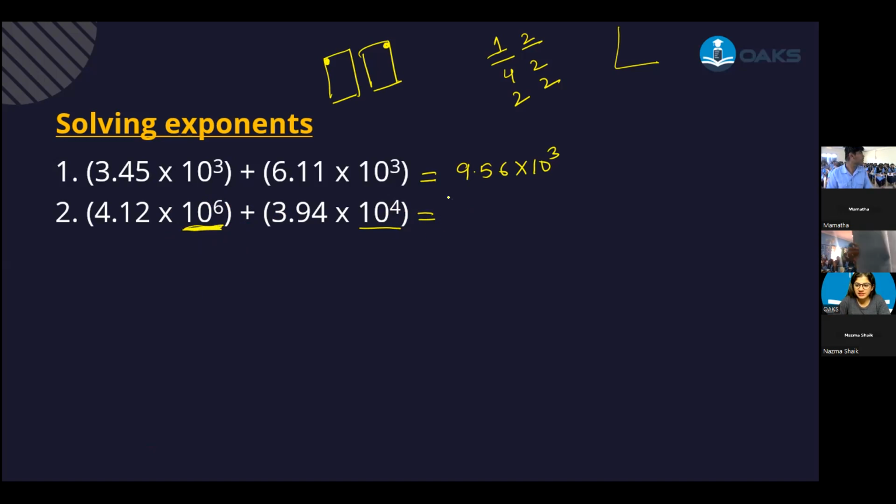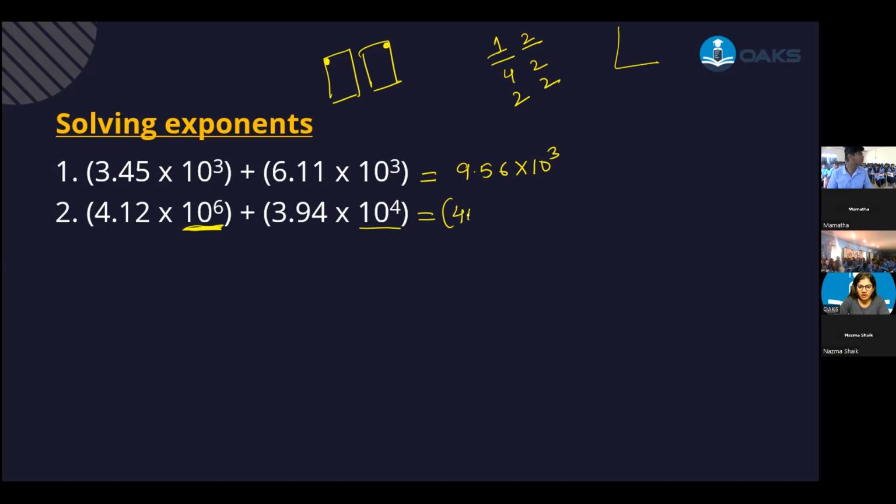Let me write. Just tell me, is that correct? Somebody has solved. It is something like 7 point something, right? Okay, 4.151. Now, just look at the answer that I am writing.